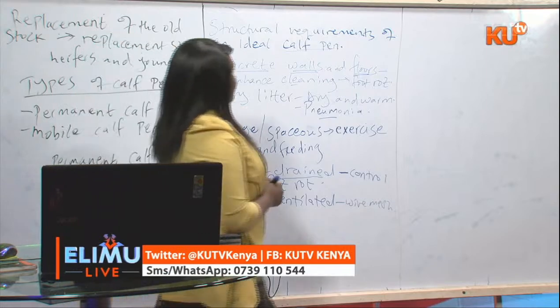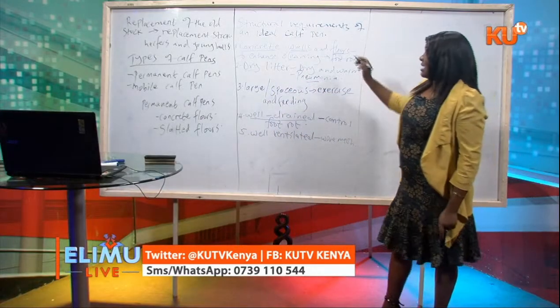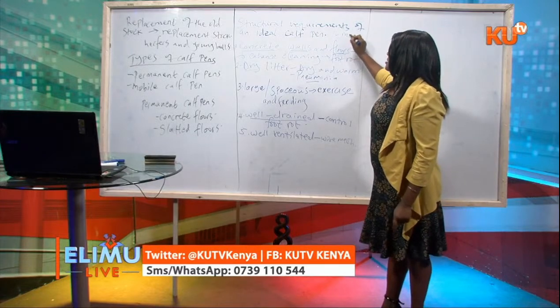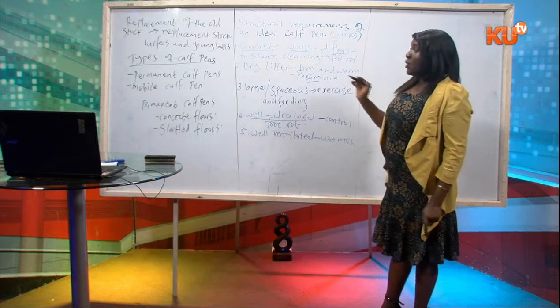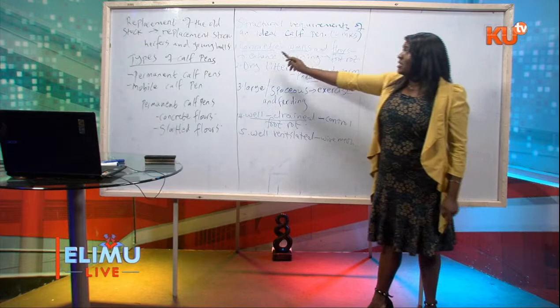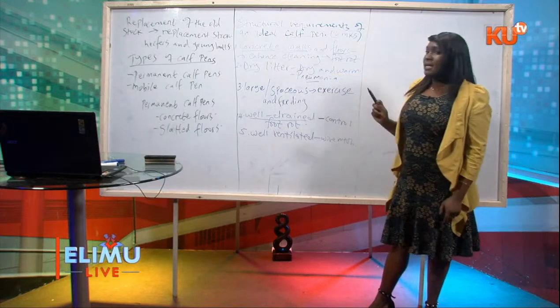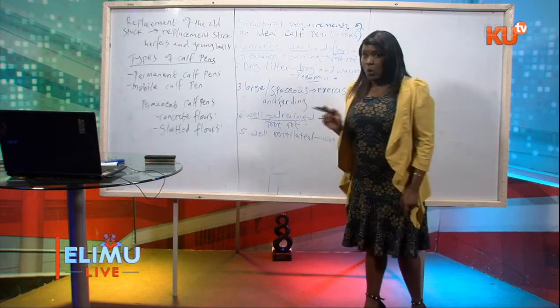And so far, we said that this is an essay question that can earn you up to 16 marks. And for you to scoop those 2 marks, you need to give us the structural requirement, which in this case is the concrete walls. And you need to give us a reason why you need the concrete walls.